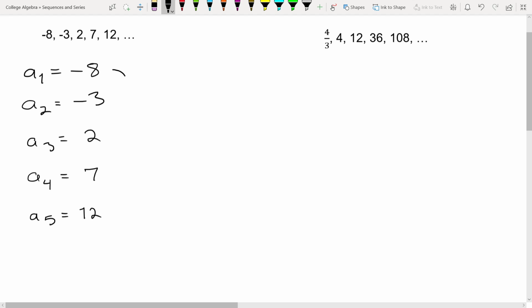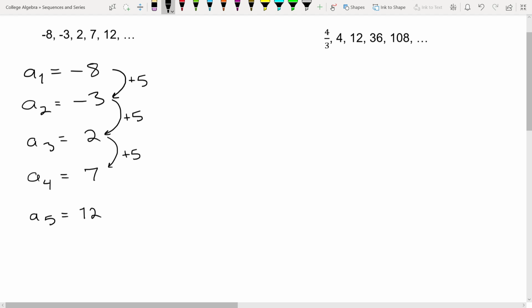If we go from -8 to -3, we add 5, and going from -3 to 2 is also an addition of 5, and then an addition of 5. So the pattern works here: all we do is add 5 each time, and that gives us the next one.